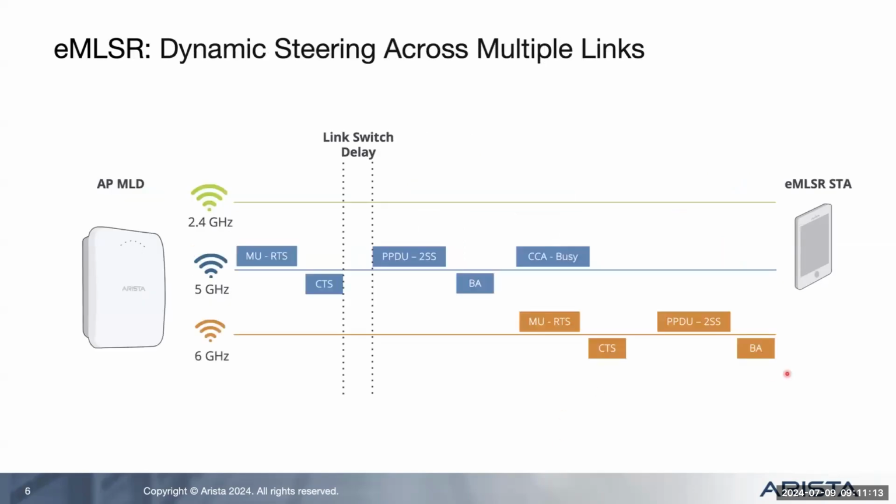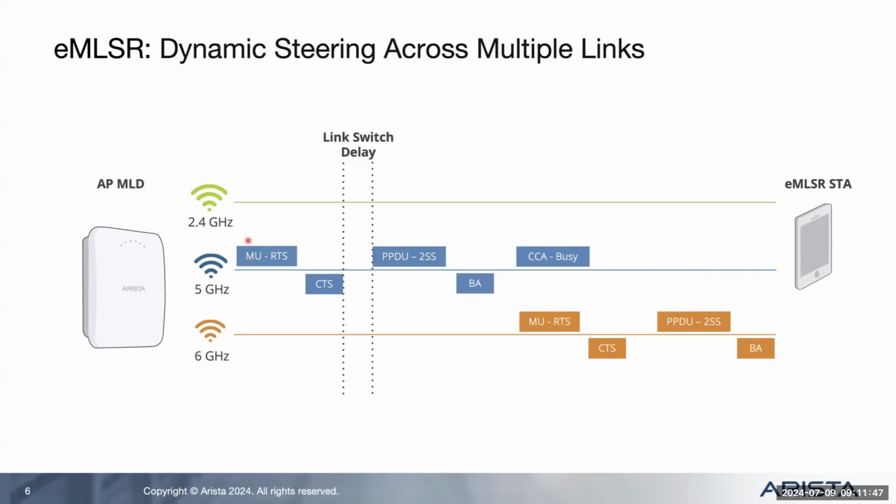In the case of EMLSR, we would actually see a steering benefit. In the previous case, we would see an aggregation benefit, right? So that is, from a feature functionality perspective, the gain we get across these modes. In the case of multi-link EMLSR, what happens is the client, let's say this client is a 2x2, the multiple chain client splits its RX chain into 1x1 and listens on two links simultaneously.